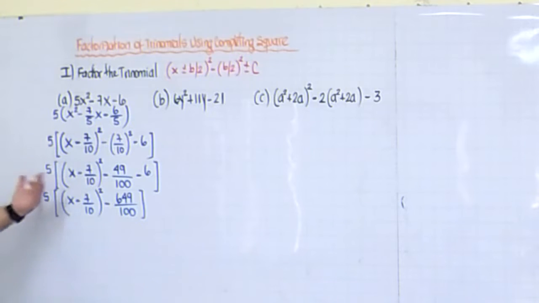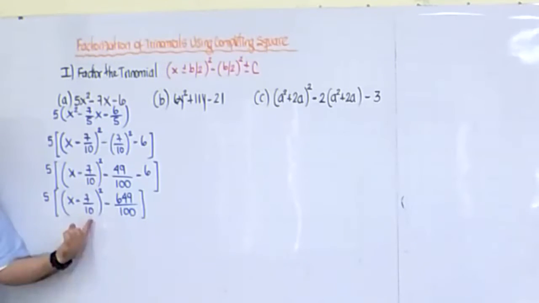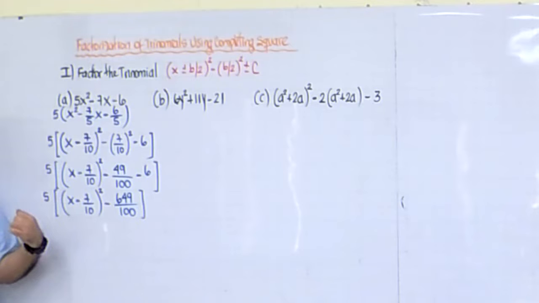We're going to apply the distributive property, but be careful. This number 5 cannot affect the letter x and 7/10 because this parenthesis is protected by the second power.